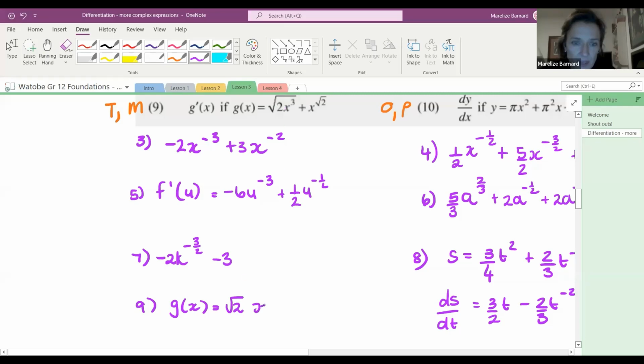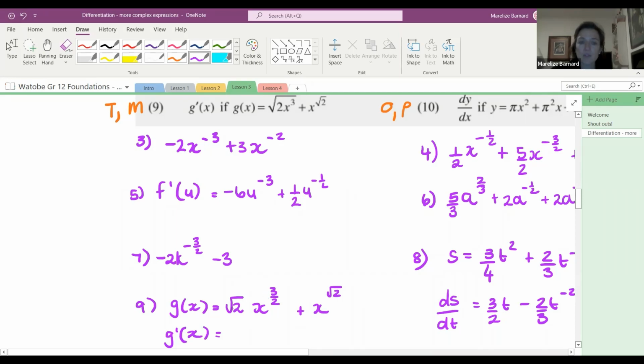So that's going to be x to the power of 3 over 2 plus x to the power of root 2. Okay, nothing we can do there with the root 2 power. You don't change that. If you want to change that to 2 to the power of a half, it's really not going to make your life any easier. So just leave it like that and differentiate it like that.